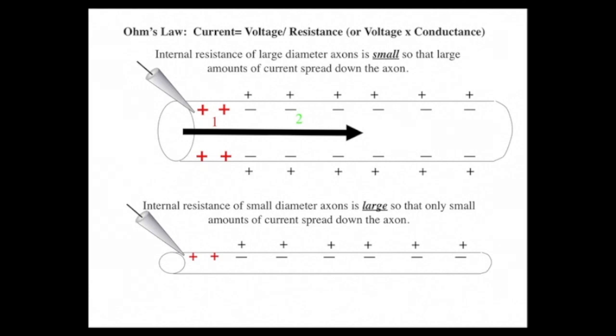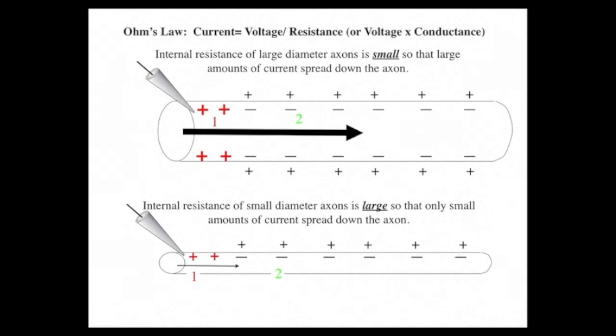So imagine we have 2 points, 1 and 2, with exactly the same potential difference that occurred in the axon on top, the larger axon on top. But now, because the internal resistance is so high, you would only get a small amount of current spreading down the axon. It wouldn't spread nearly as far as it did in the large axon.